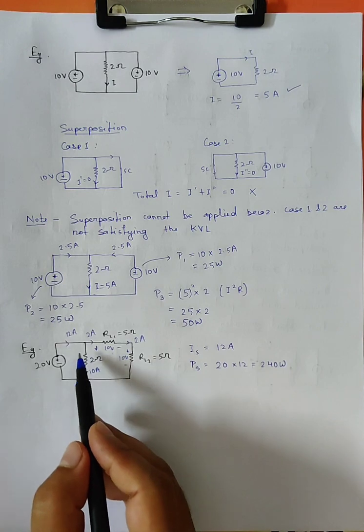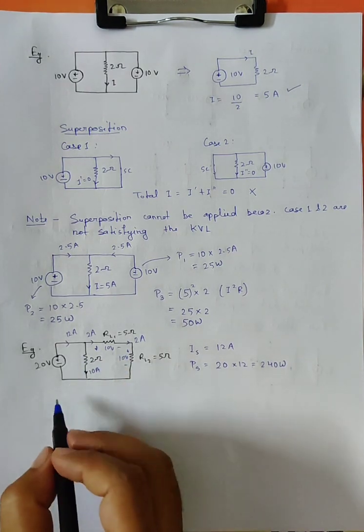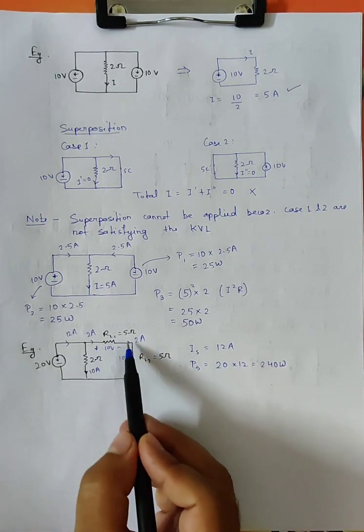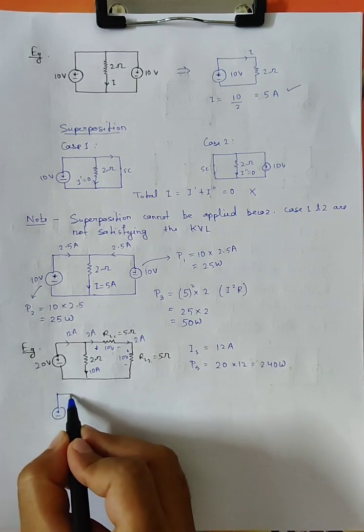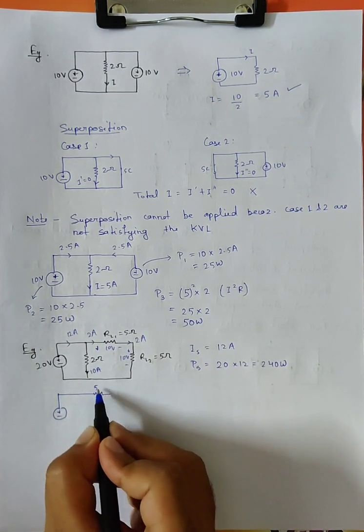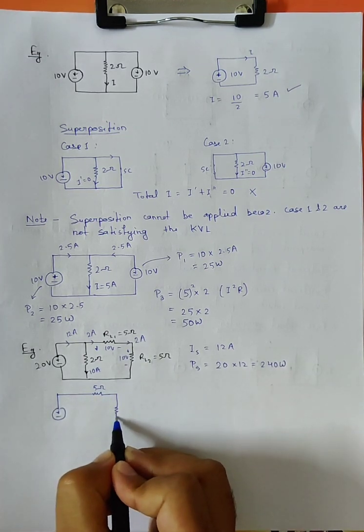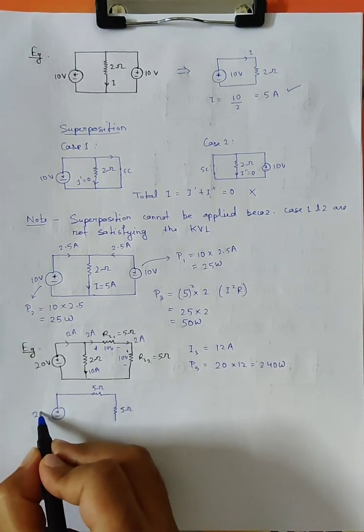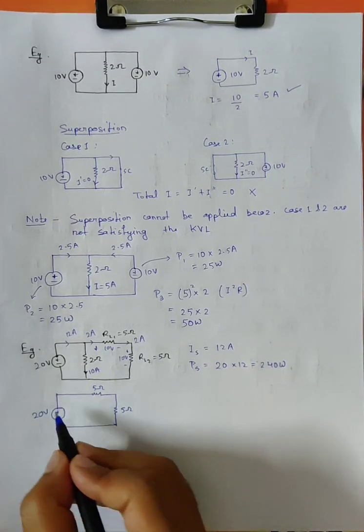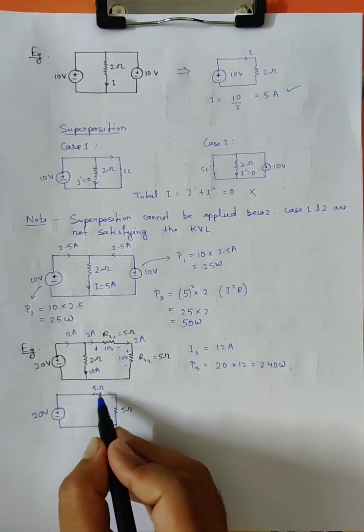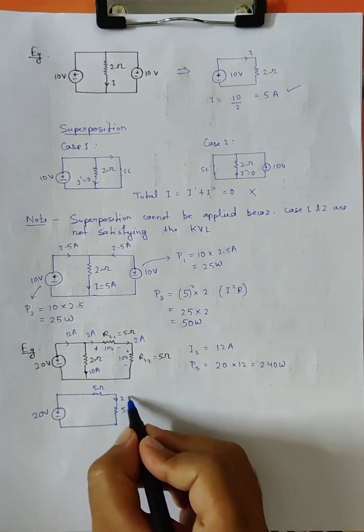If we neglect this 2 ohm resistance to calculate the current in this branch, with 5 ohm and 20 volts, the current in this branch is 20 divided by 5 plus 5, which is equal to 2 ampere.